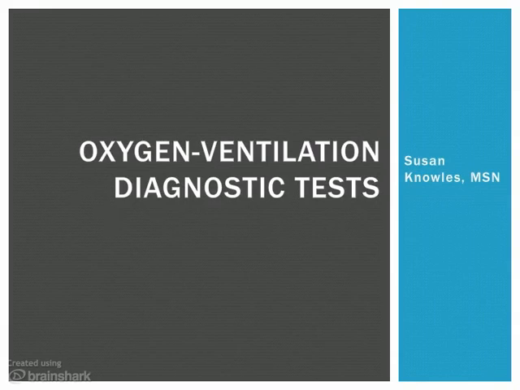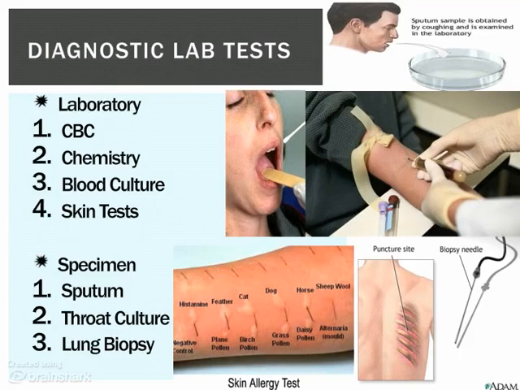Welcome to this podcast. Some of the diagnostic tests or laboratory tests that are done in the process of diagnosing a patient with a respiratory condition, oftentimes a complete blood count is done. This is to search for possible infection, maybe even anemia, or just as a baseline lab result.